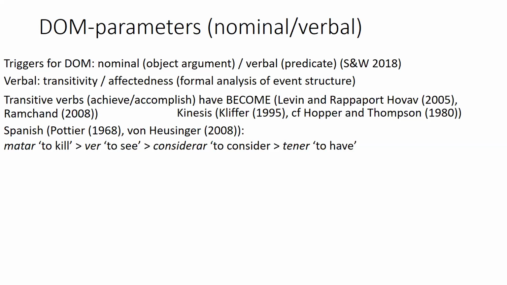Matar always has a: matar a alguien, to kill somebody. Tener, however, which means to have, to possess, very rarely takes a, because the verb doesn't entail kinesis or effectiveness.